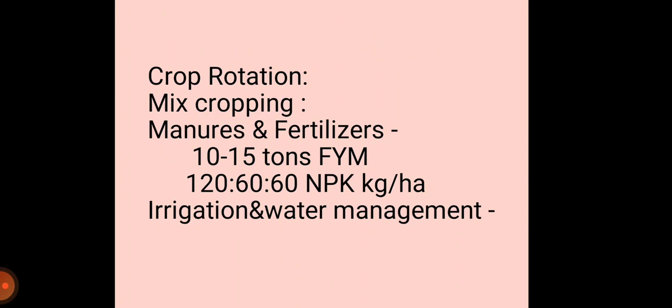Then crop rotation. The different crop rotations with sorghum: sorghum, gram, sorghum in Kharif, pea in Rabi season, and vegetable in summer. This is an important rotation. Then jawar rotated with linseed. Then jawar rotated with gram and a summer crop of groundnut.